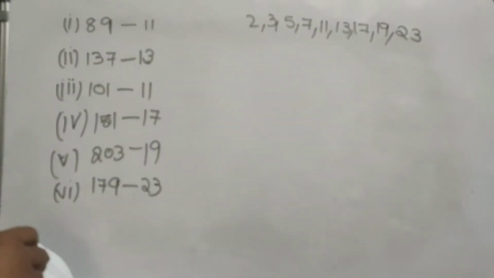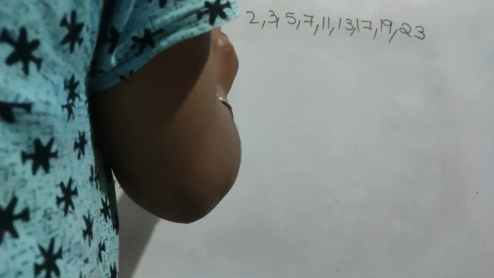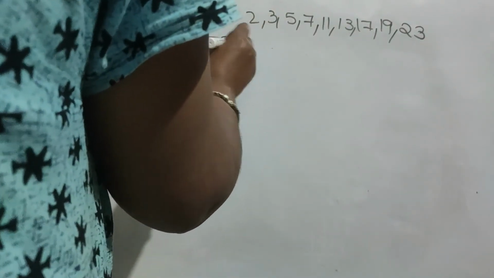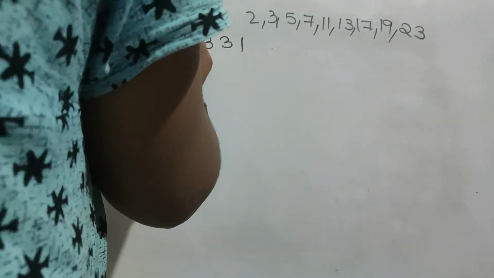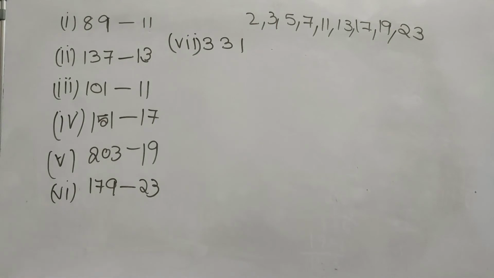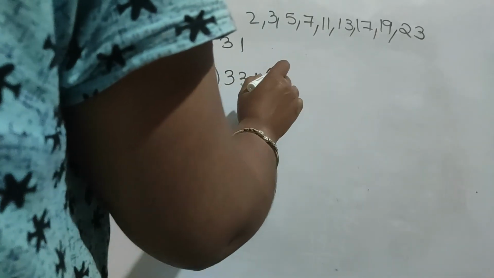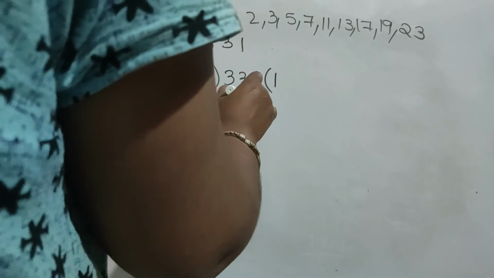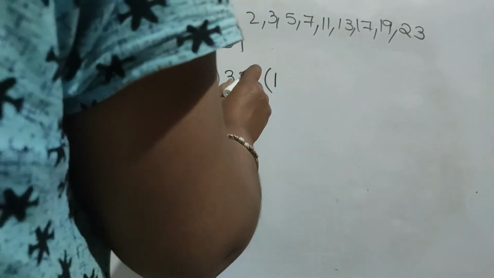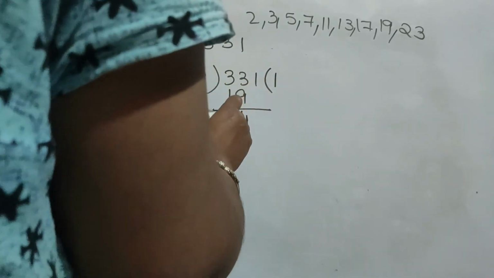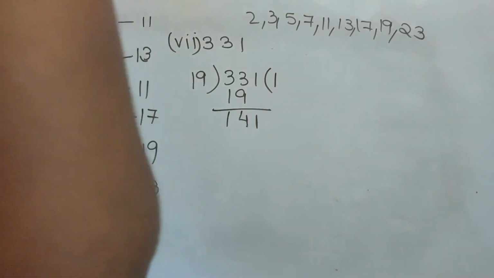Next, 331, which is the 7th problem. 1 nineteen is 19, 13 minus 9 is 4, 2 minus 1 is 1, so 141.